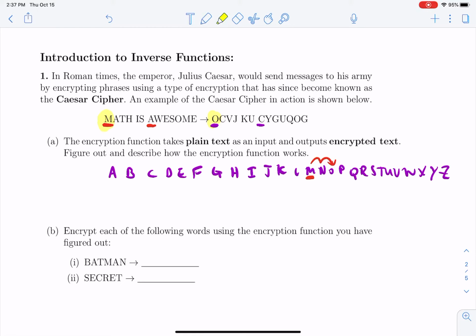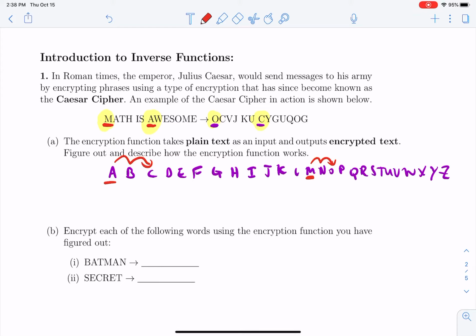Let's see if that also works for A. If I start with A, my output is C. So I've moved down, again, 2 letters.